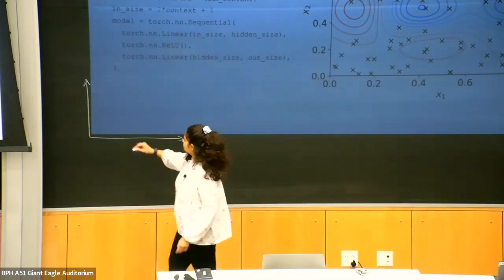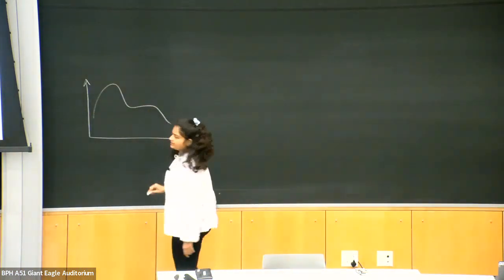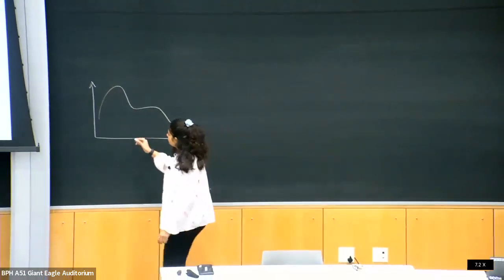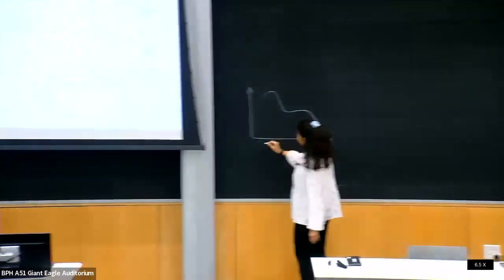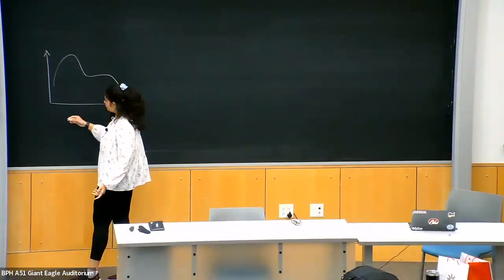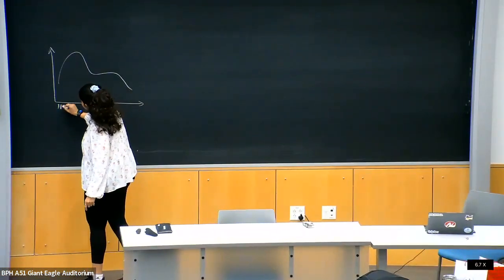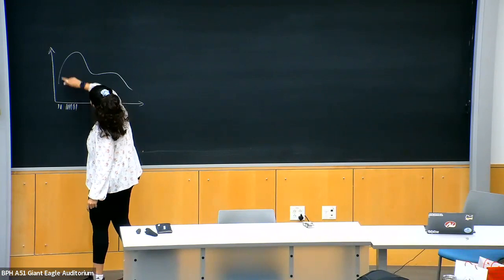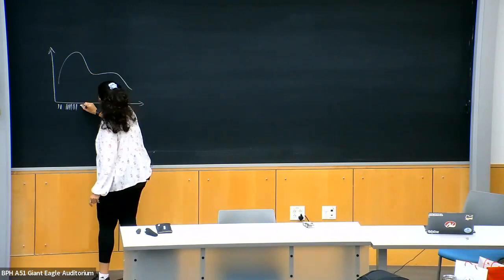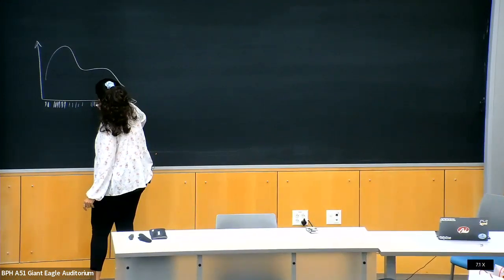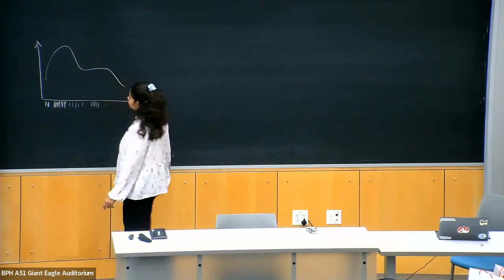Okay, so I'm just going to draw, say this is the distribution of points that you have got. What I mean by this distribution is that say these are your validation accuracies, and this is what you've got. These are your points. So let's assume there are more points in this area because this curve is up here, and then you have some more scattered points here, and then some points here, and so on.